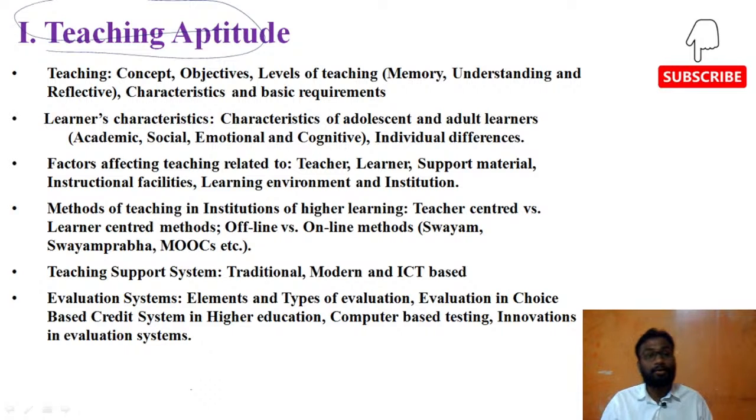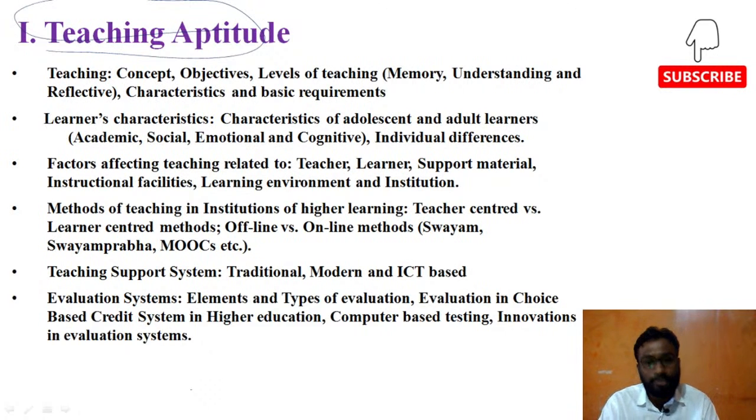Second is learner's characteristics. You may get a question over here. In the learner's characteristics, the questions will be asked on the characteristics of adolescent and adult learners. Whenever we go for teaching, you will have students of adolescent age.